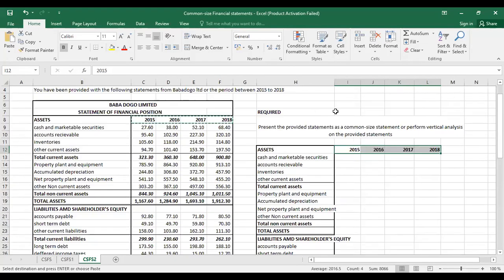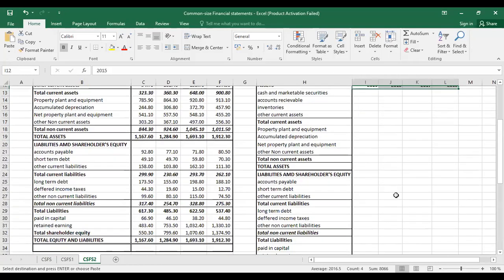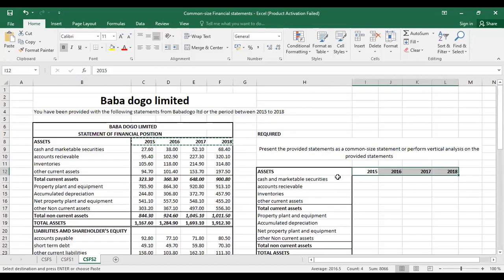So maybe I'll widen the space again here, put it there. Everything as a percentage of total assets. So cash and marketable securities. Here you must be very careful. So I'll take the cash here, divide by our total assets.